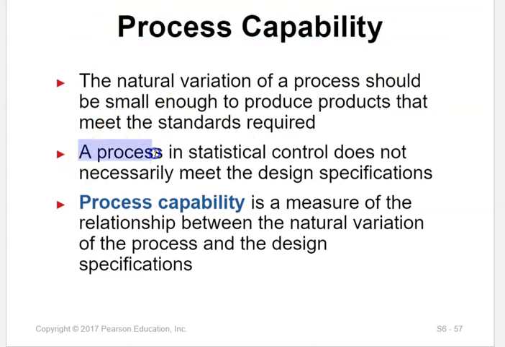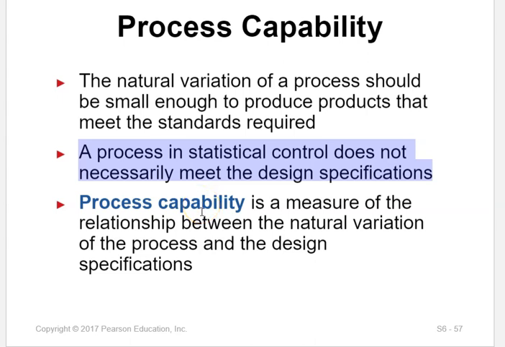A process in statistical control does not necessarily meet the design specifications. And that's normal, because when you design theoretically on paper, you calculate and design a system to work a certain way. In reality, there are always differences and changes that happen, and because of that the system is not necessarily always working exactly as designed, and that difference is what we're interested in knowing.